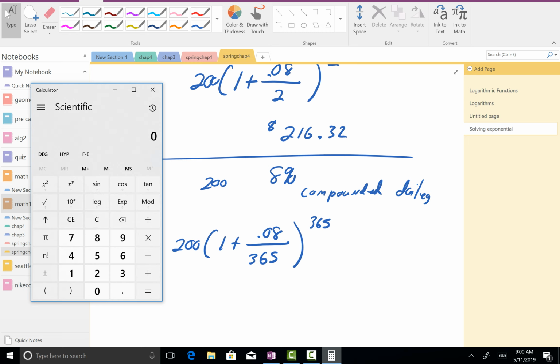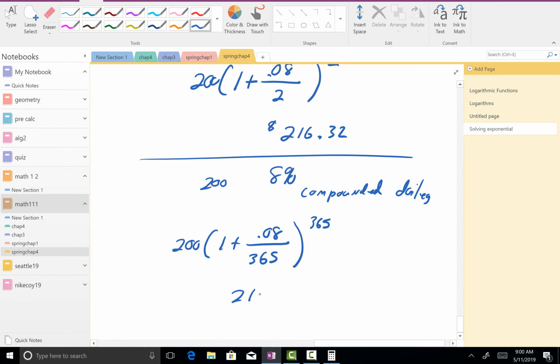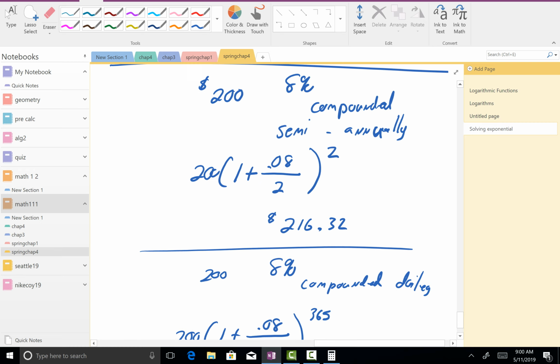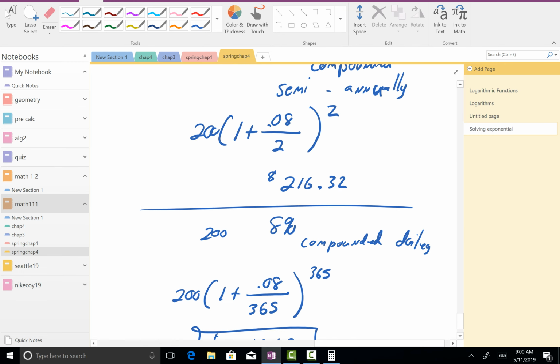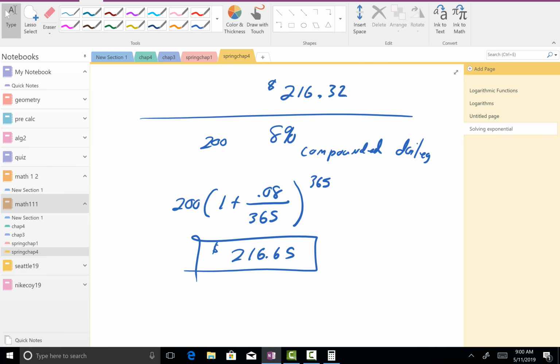So even though you're compounding that interest every day, you really only made 5 cents more than you did when you did it in a month.